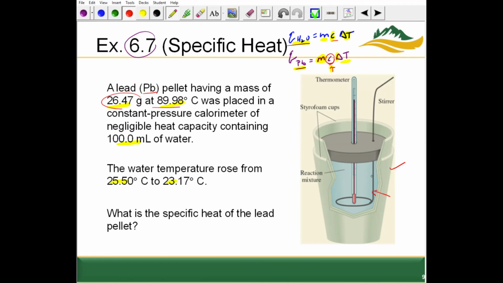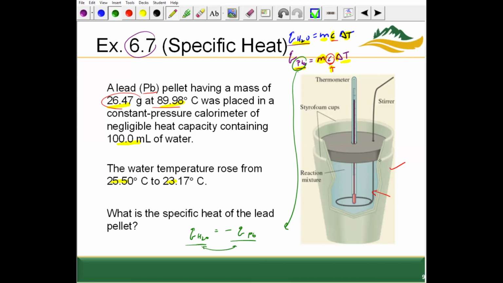So we'll look at the heat capacity of water, and then an important connection we're going to make is that the heat given off or absorbed by water is going to be the opposite of the heat given off or absorbed by the metal lead. So whatever is happening to lead, we can tell that by what's happening to the water and vice versa.